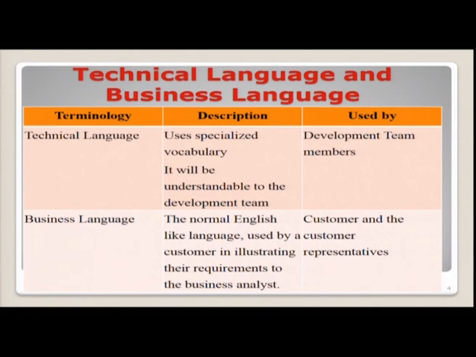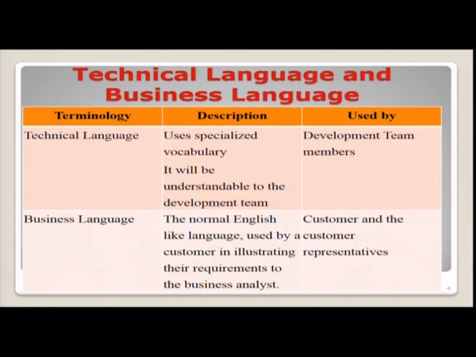In the business language, the customer and the customer representative use a normal English-like language. To whom do they communicate? They communicate to the business analyst. A business analyst is a person who does all sorts of analysis with respect to the business. He acts as a mediator between the customer and the organization.